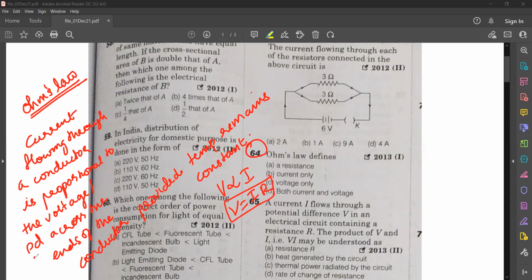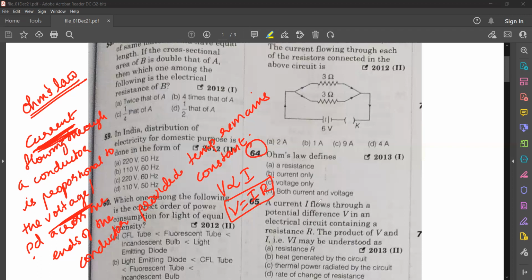So Ohm's law defines what? It defines potential difference or voltage, and current. The current flowing through a conductor is proportional to the voltage across its ends, provided temperature remains constant, so V is proportional to I, V equals IR.